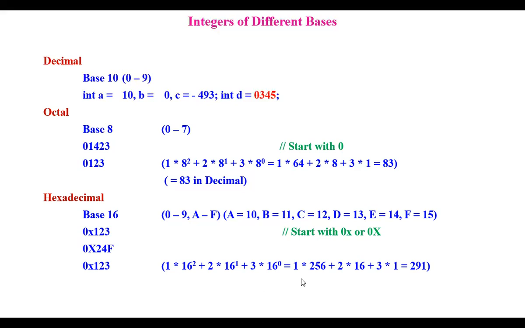So 1 into 256, 2 into 16, 3 into 1, equal to 291. That means this 123, which is in hexadecimal system, is equal to 291 in decimal system. So that's how we have to convert and use the numbers.